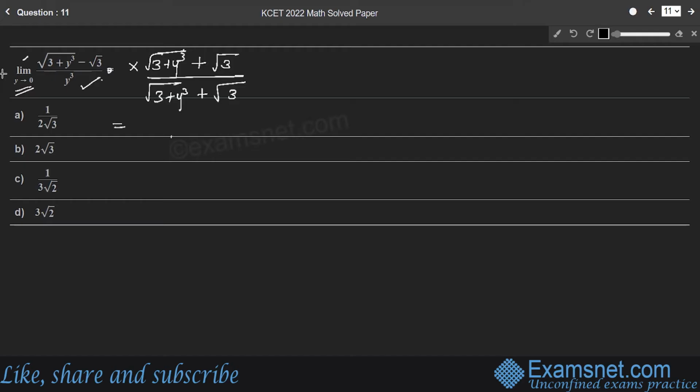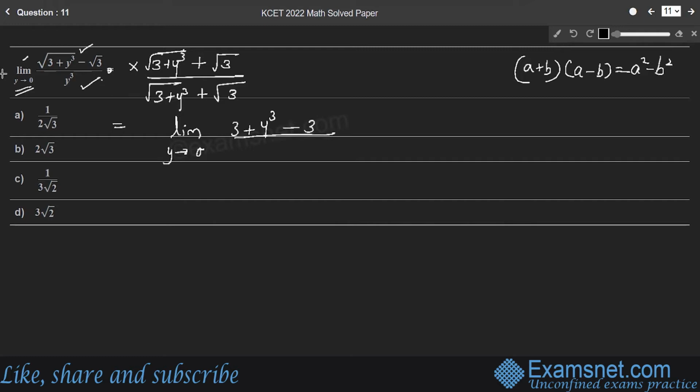Therefore, the limit becomes limit y tends to 0. Here the numerator is in the form of (a plus b) into (a minus b), which is a square minus b square. Here a is root of (3 plus y cube), its square becomes 3 plus y cube, minus b square, which is root 3 the whole square, which is 3 itself.